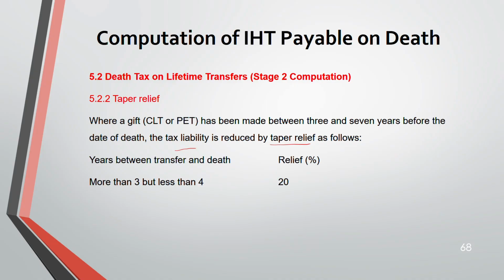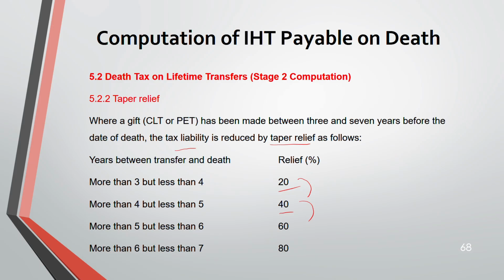If you survive more than 3 years but die in less than 4 years, relief is up to 20%. If you survive more than 4 but less than 5, relief is 40%. You see, it's increasing by 20%. With 1 year additional, it will increase by another 20.